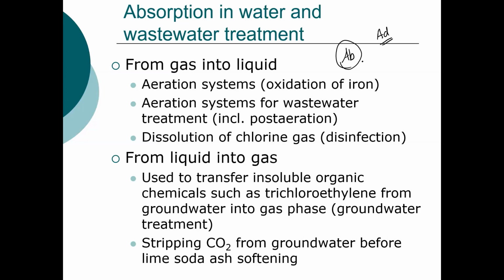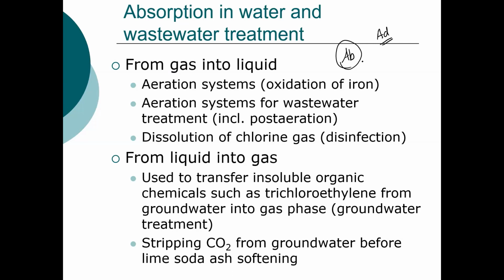Well, we can transfer those chemicals from the liquid phase to the gas phase. Now, why would we want to do that? Well, in some cases, the treatment is more efficient in the gas phase than it is in the liquid. So for instance, we can use catalytic oxidation of those chemicals once they're in the gas phase, and that's more effective, more efficient than if we try and accomplish catalytic oxidation in the aqueous phase.